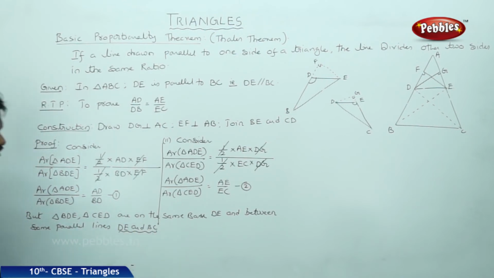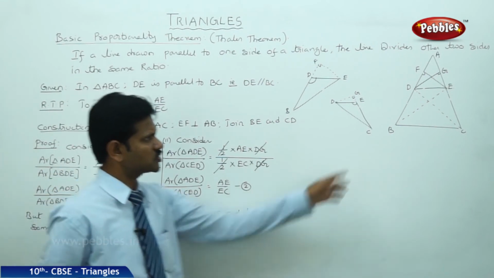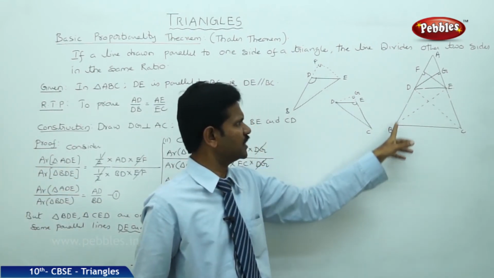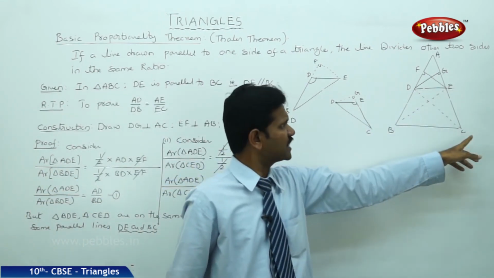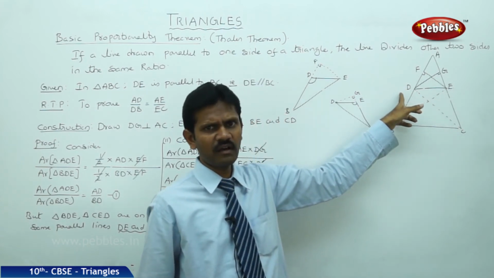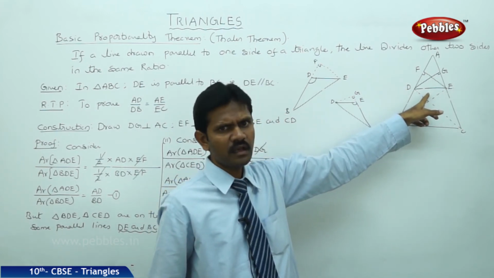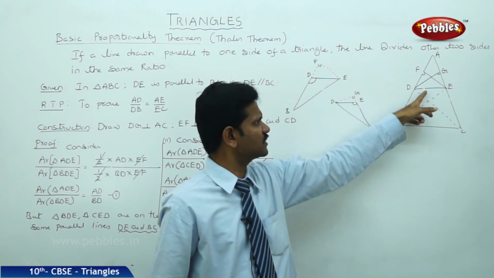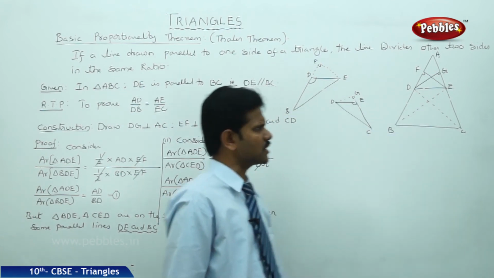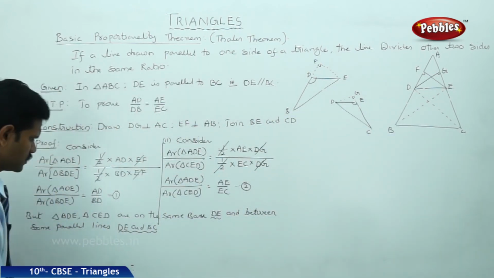That is, these two triangles BDE and CED are on the same base DE and between the same parallel lines DE and BC.